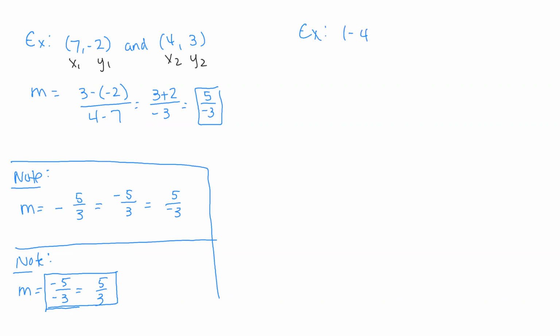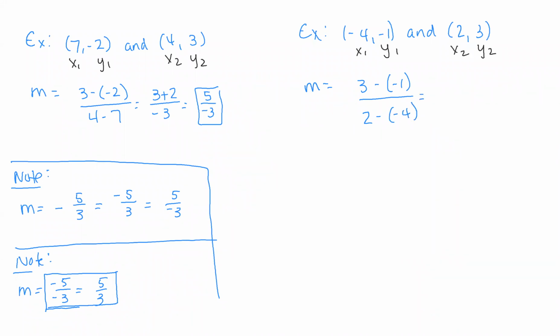For this one, let's say I have negative 4, negative 1, and 2, 3. So again, let's label just to be clear. I want the difference in my y's, so y2 minus y1, all over the difference in my x's, so x2 minus x1.